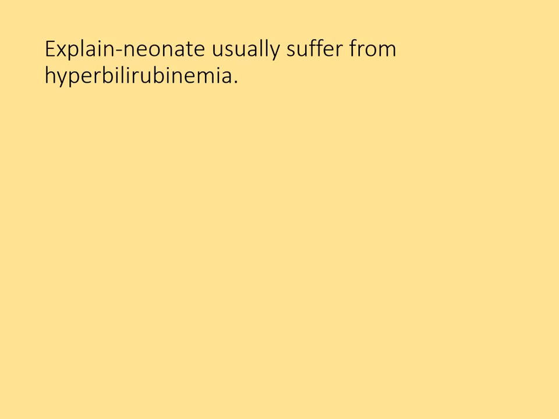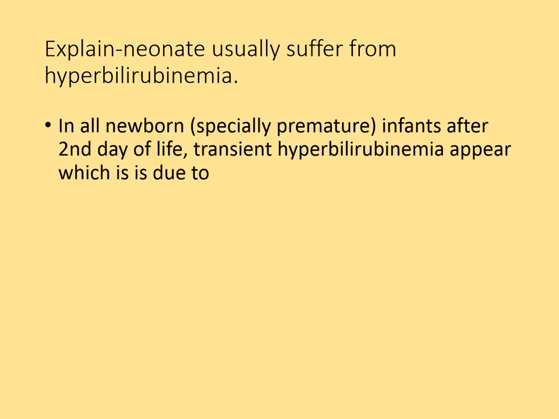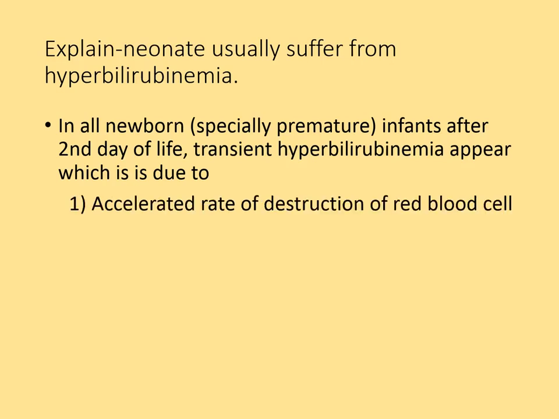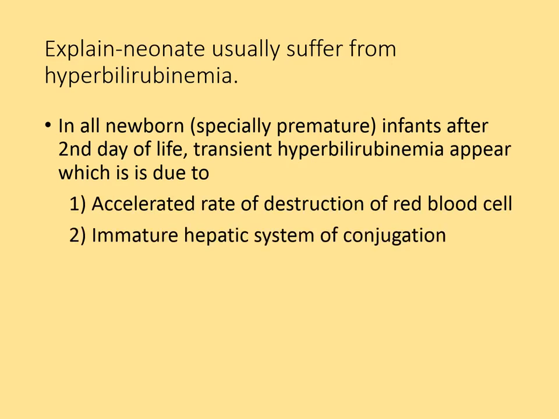Explain why neonates usually suffer from hyperbilirubinemia. In all newborns, especially premature, meaning those babies born before 9 months, after the second day of life, transient hyperbilirubinemia appears, which is due to, first, accelerated rate of destruction of red blood cells, and second, immature hepatic system for conjugation.